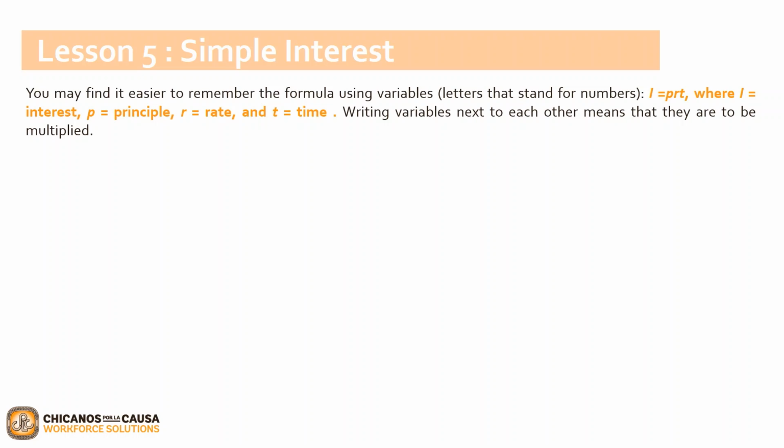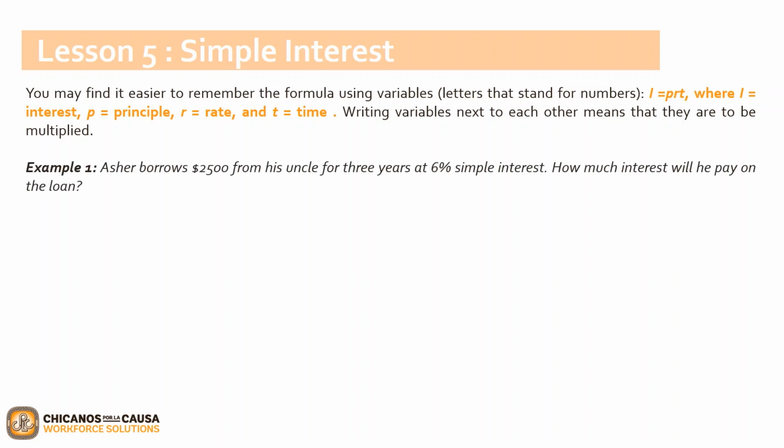Example 1 says, Asher borrows $2,500 from his uncle for 3 years at 6% simple interest. How much interest will he pay on the loan? To solve example 1, we'd first write the rate as a decimal. So 6% equals 0.06.